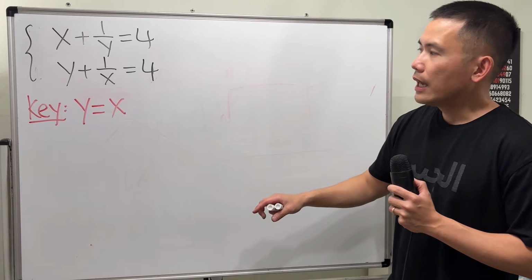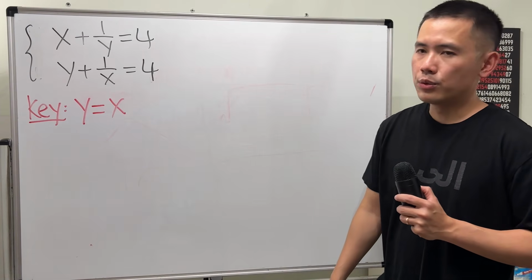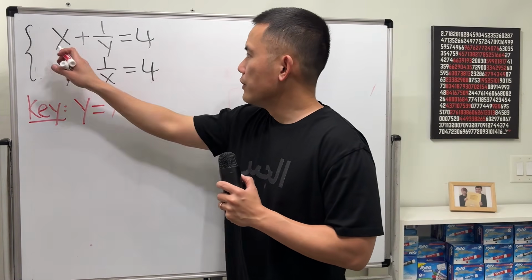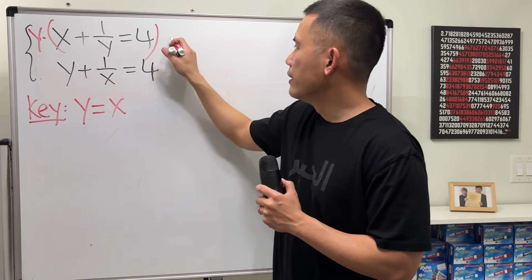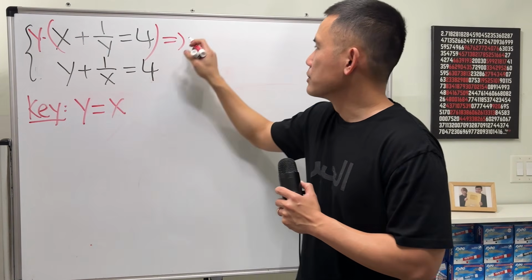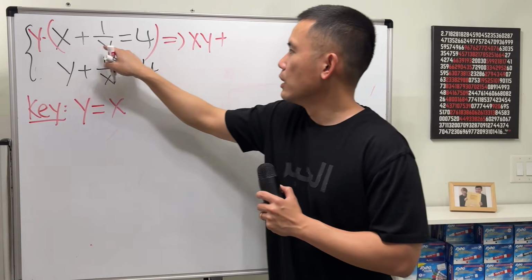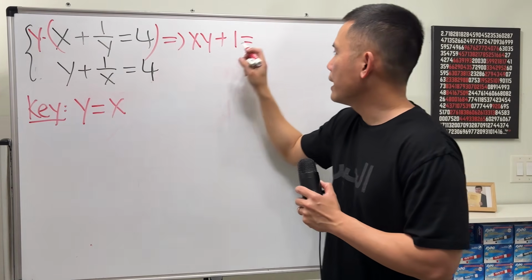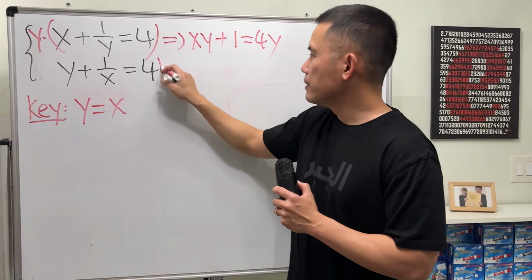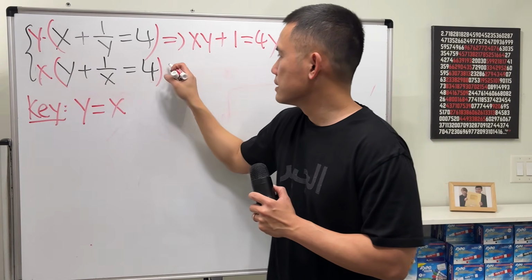So I can also show you guys why this is true by doing more algebra. Have a look. If you look at the first equation, multiply everything by y, then we get x times y plus 1 because the y's cancel, and then 4y. And multiply the second equation by x.